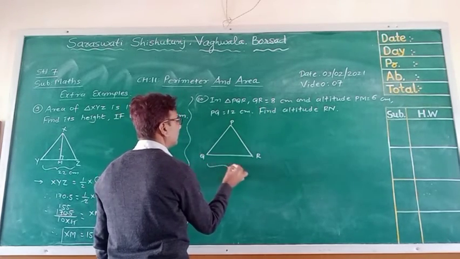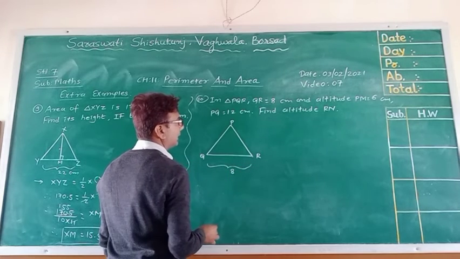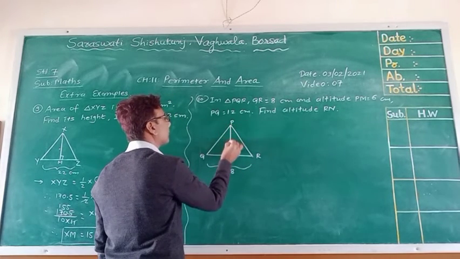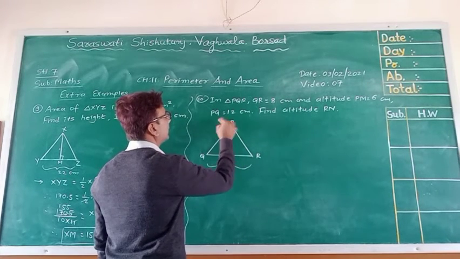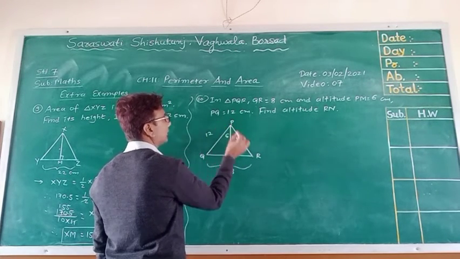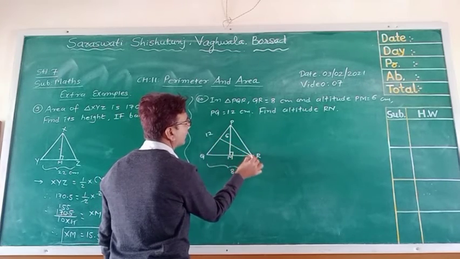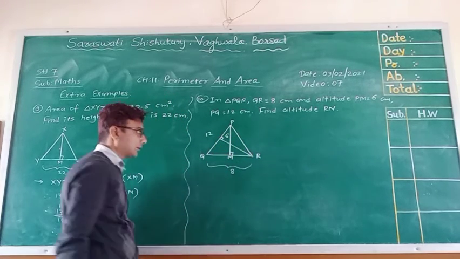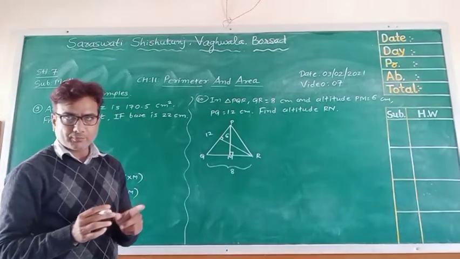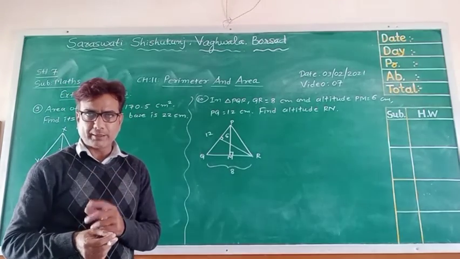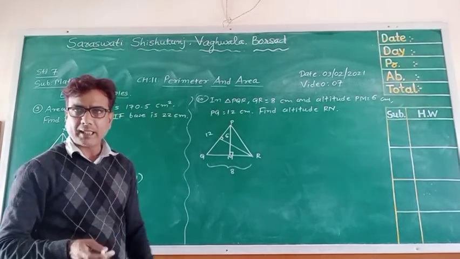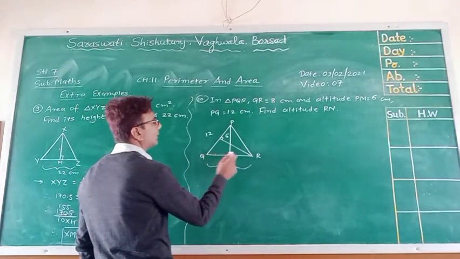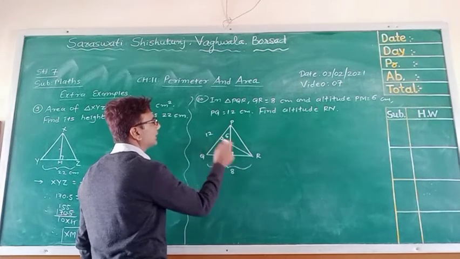QR is 8 centimeter, altitude PM is 6, and PQ is 12 centimeter. Find the altitude R. So students, I already told you, whenever we see a single figure where two altitudes are given, at that time we have to compare their base and height. So here we can observe these are base and these are height, these are base and these are height.